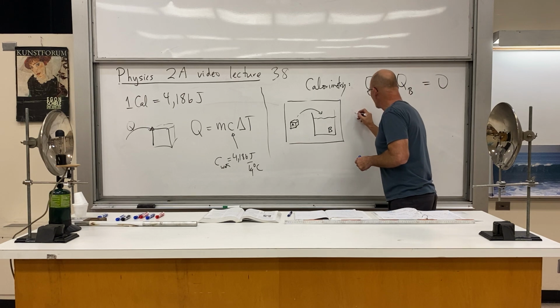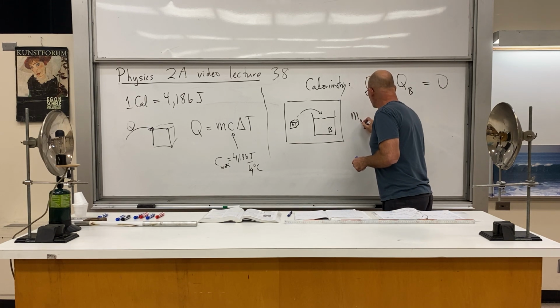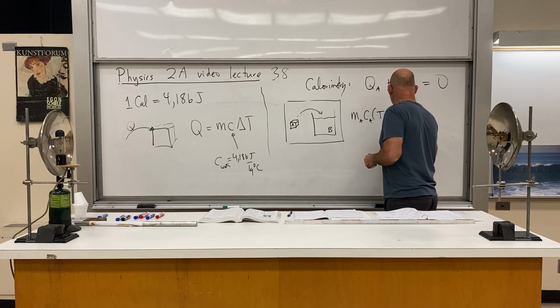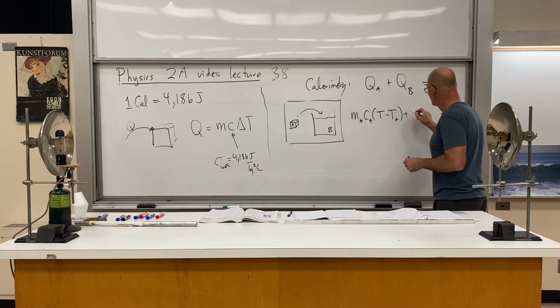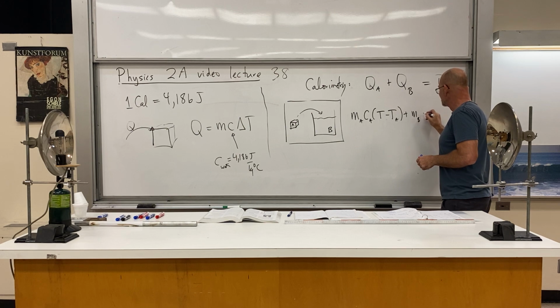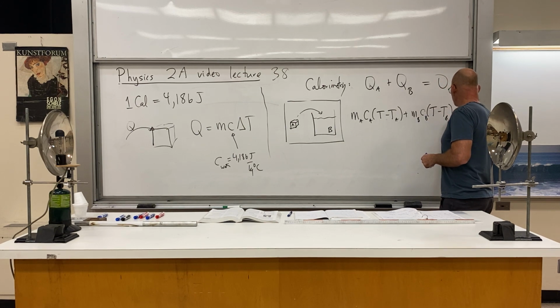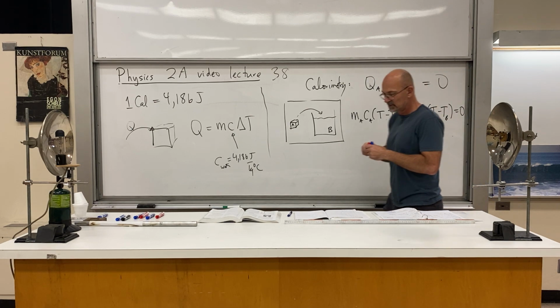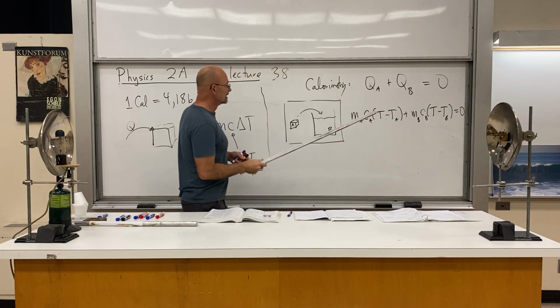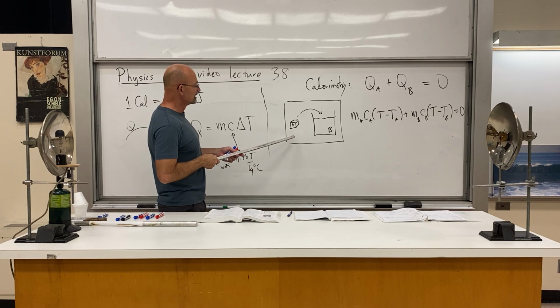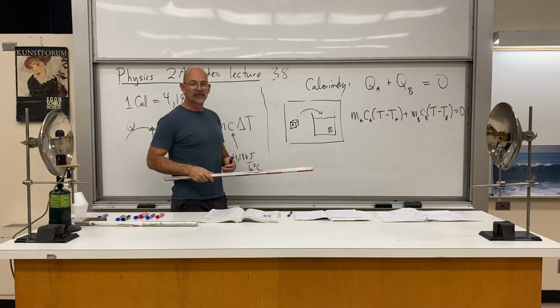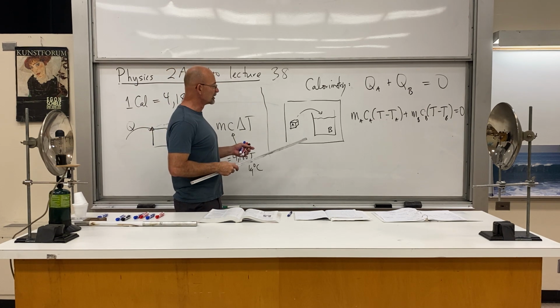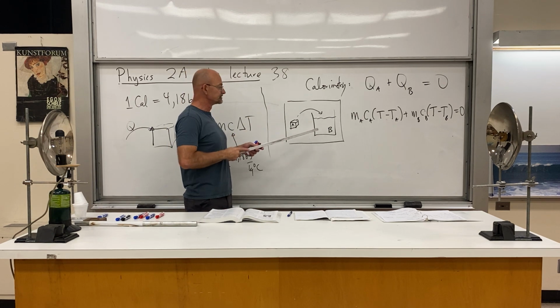And then you can just say M sub A, C sub A, T minus T sub A plus M sub B, C sub B, T minus T sub B is equal to 0. Okay, so the mass of this object, in our lab, for example, we heat up some copper and pour it into a beaker full of water.